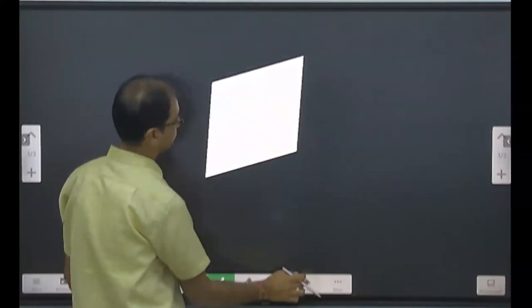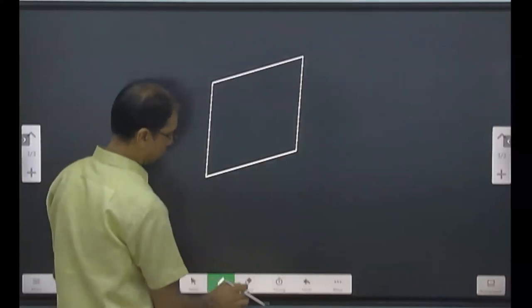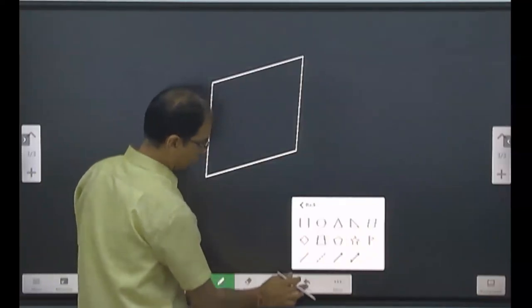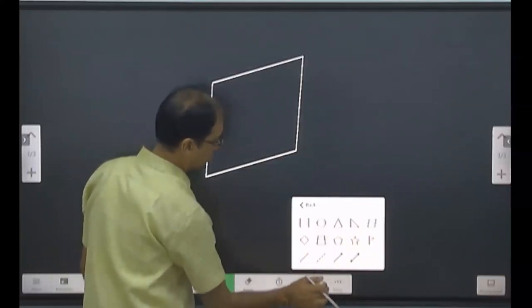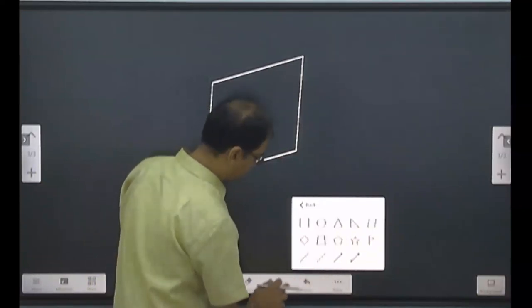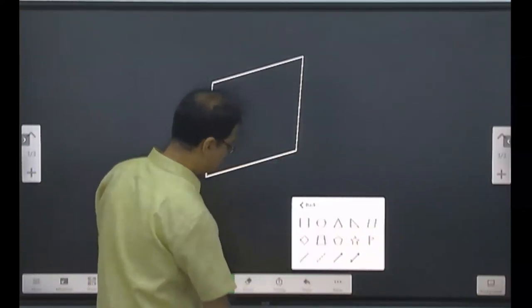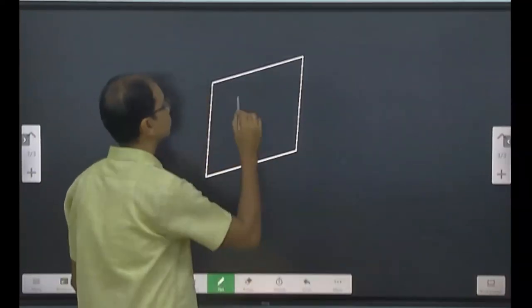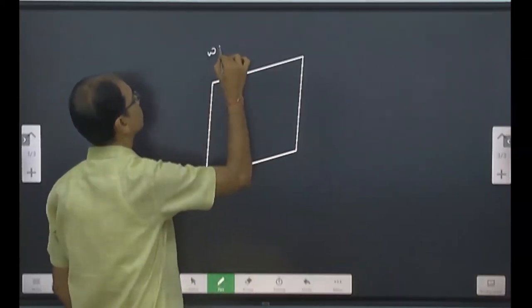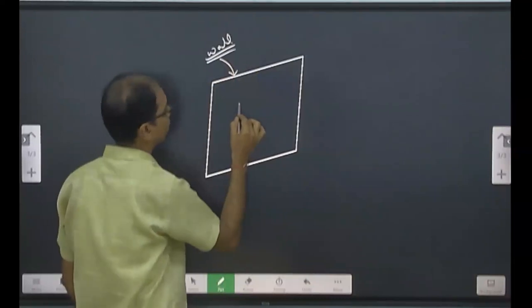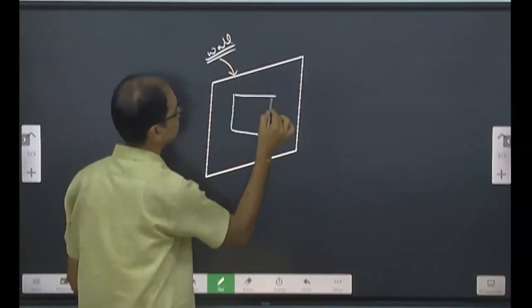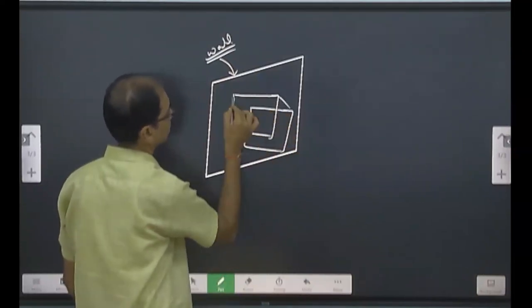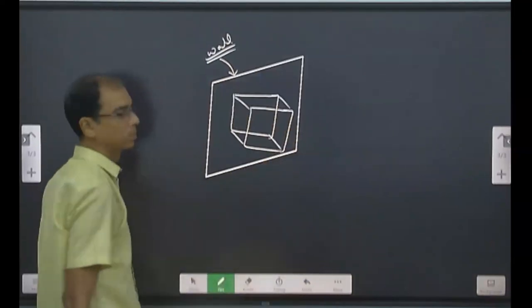Okay, in this one itself, I'll make it, then with white color it will be good. So this is actually a wall, and on this one, I'm making one box.